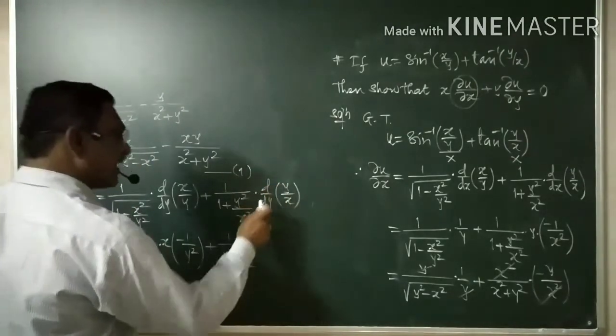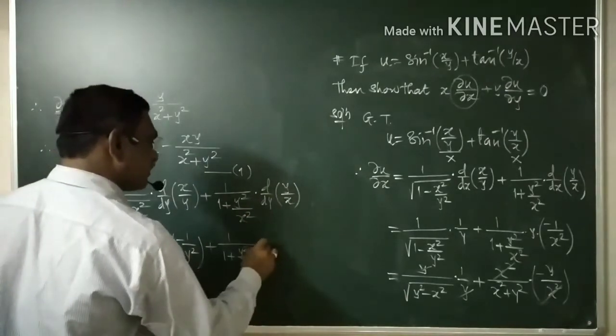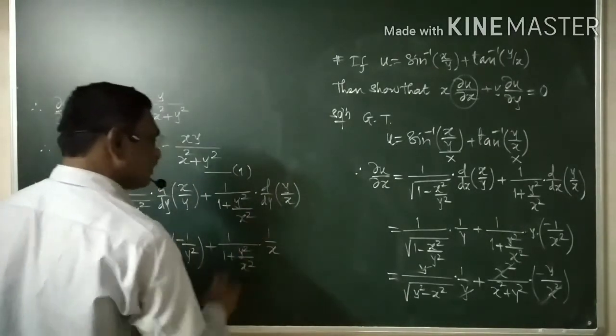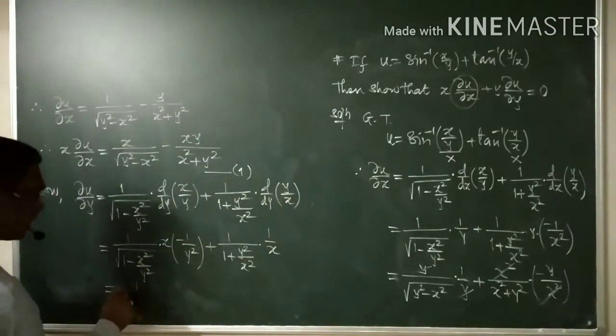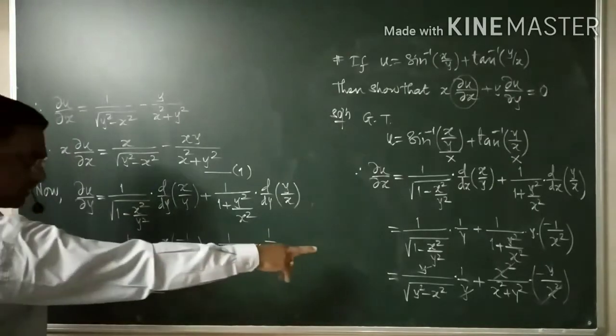This y with respect to y. Therefore, it is not 1, and hence what is right? 1 upon x. Now this is further equal to, as we have here, 1 upon... Same thing here you are getting.